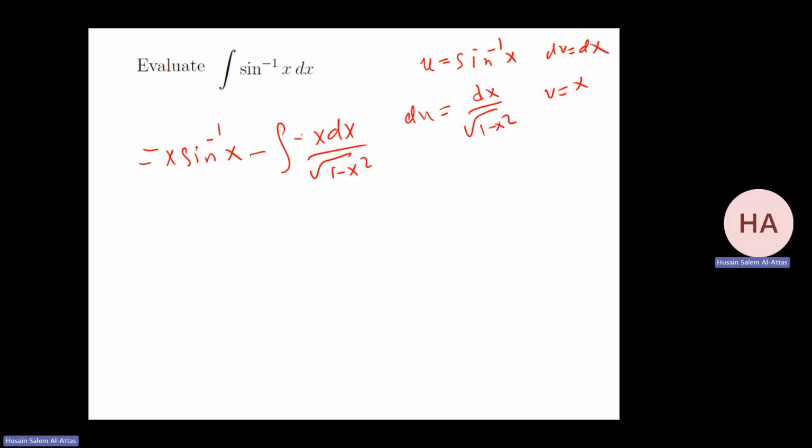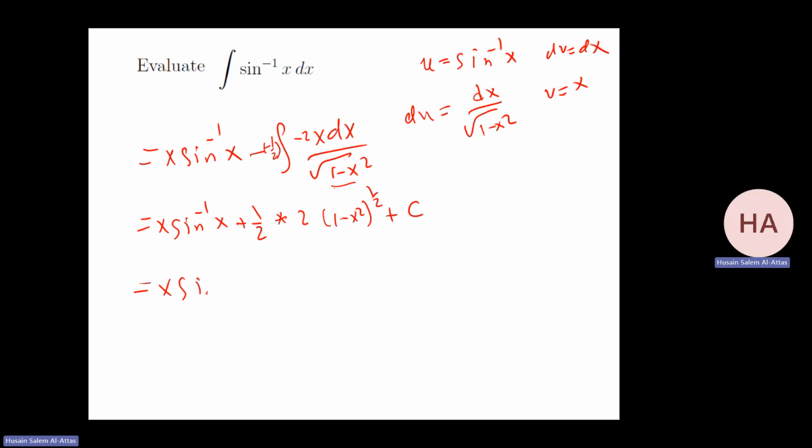I need minus 2 and minus half here. So that will be x sine inverse of x plus half. This will be u to the power minus half, which is times 2 u to the power half, which is 1 minus x squared to the power half, plus c.